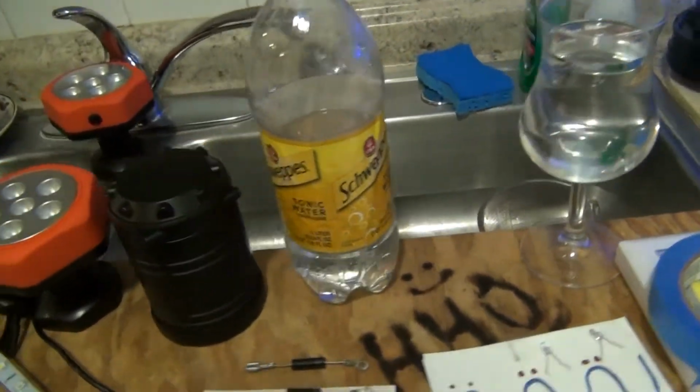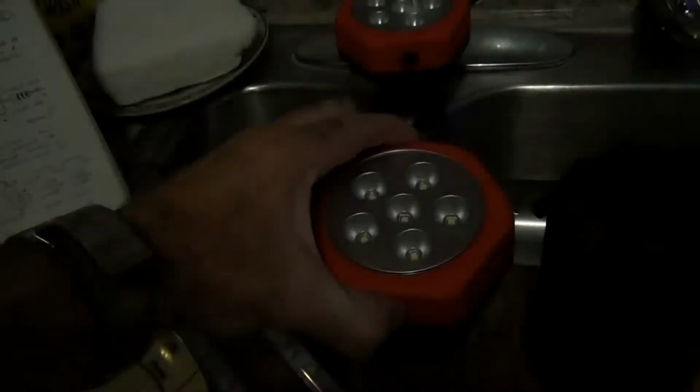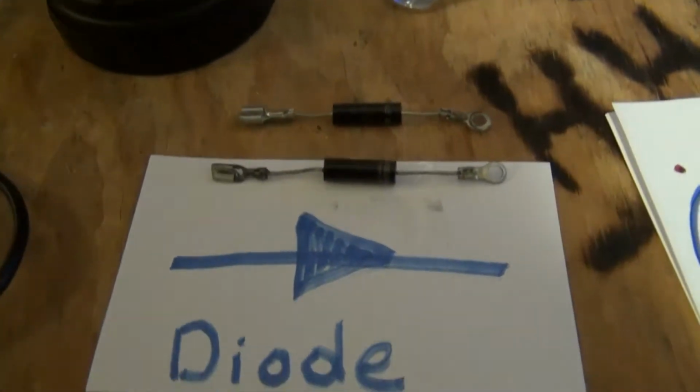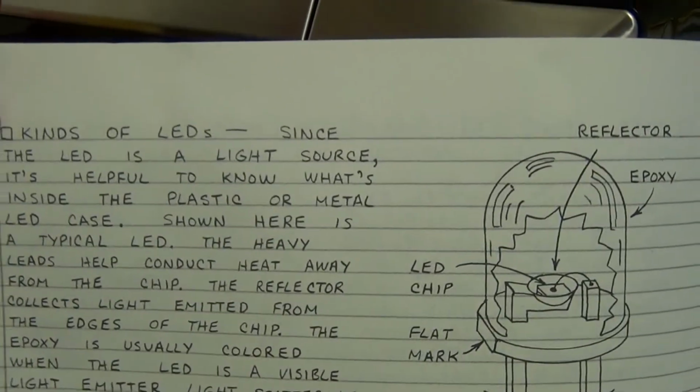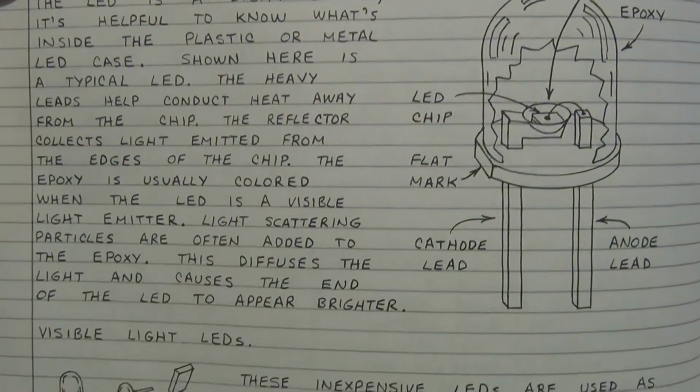See, a lot of people don't think about that. When they see one of these LED lamps, they don't think of it as a diode, you know? But that's what these are. LEDs are light-emitting diodes. A little more about how it functions.